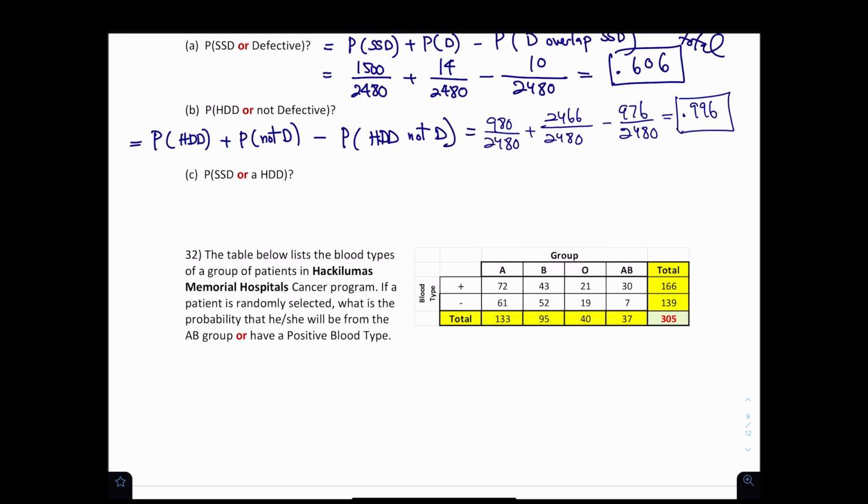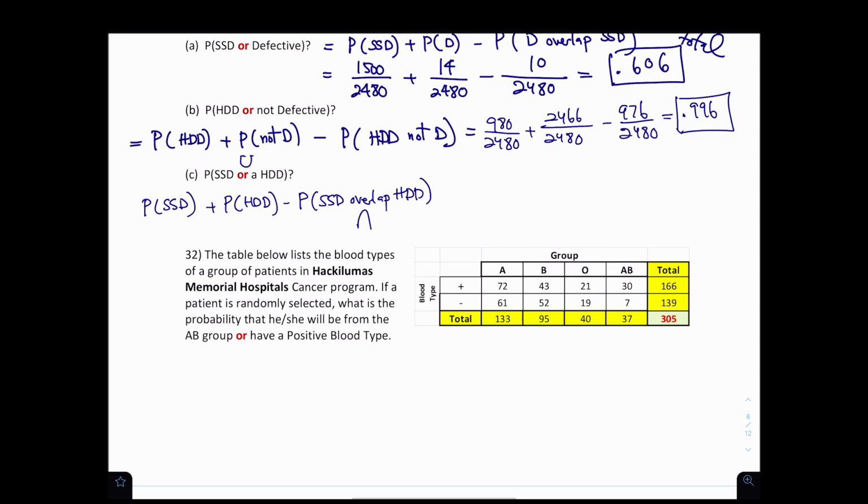The probability of getting an SSD or an HDD will be the probability of getting an SSD plus the probability of getting a high density drive minus the probability of getting their overlap, SSD intersection HDD. This overlap is also called the intersection symbol, and the OR is the union symbol.